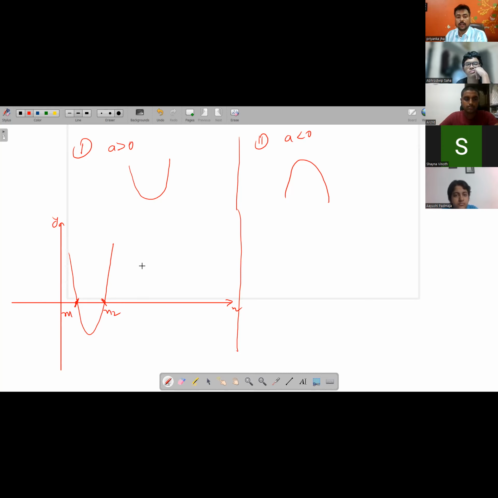Right? We can have another scenario like this. It will simply touch the x-axis, meaning both roots will be real but equal. And one more scenario we can have like this. Here you can see that this curve is neither touching nor intersecting the x-axis. It means there is no interaction between this curve and the x-axis, so it has no real roots, right?